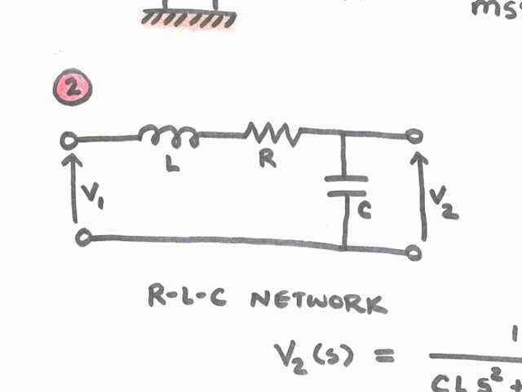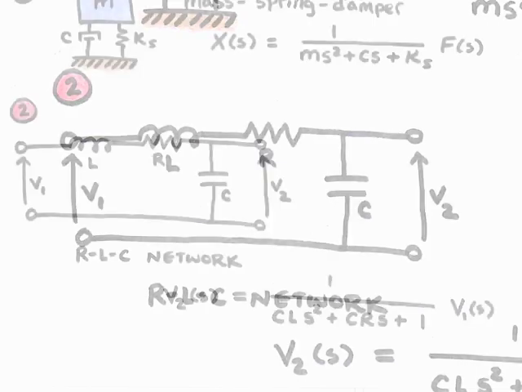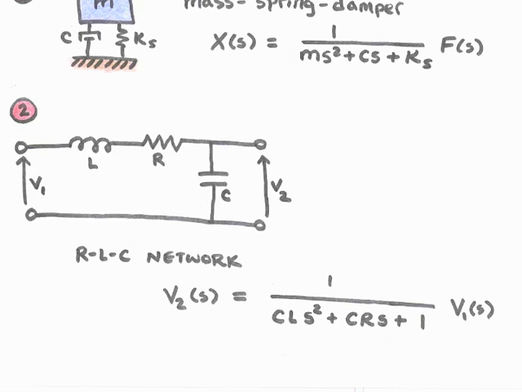And in the circuit, there is an inductance labeled L, a resistor labeled R, and the capacitor labeled C. The transfer function between the input V1 and the output V2 is as follows: 1 over CL s squared plus CR s plus 1. So you can see this is also a second-order system.